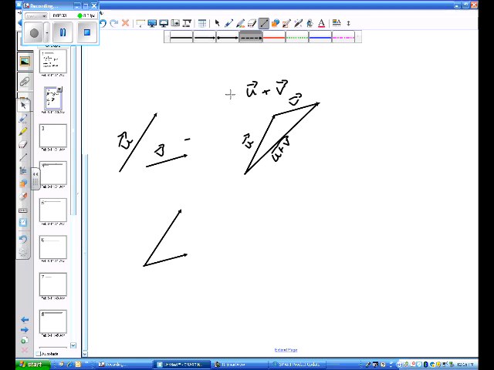And then what we do is we make a parallelogram. So we're going to draw a line from here parallel to u and the same distance, equivalent vector. And we'll draw one parallel to v. Again, we've got our u and our v.